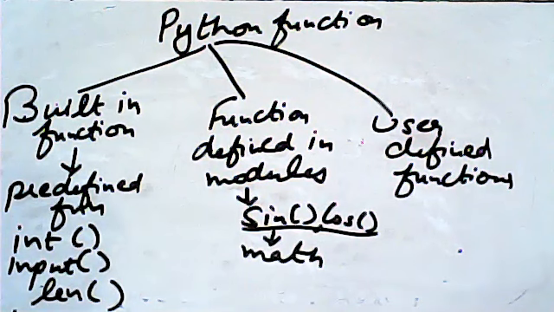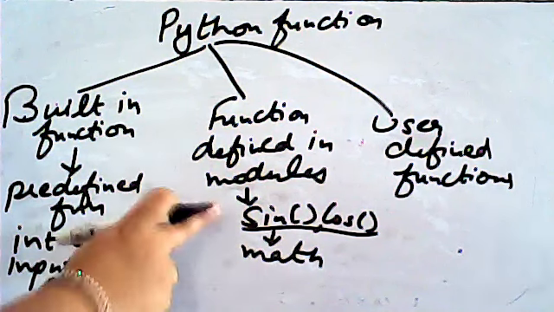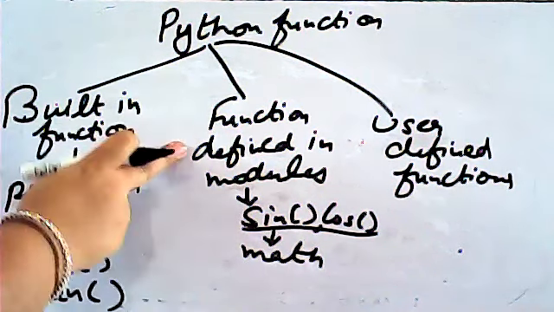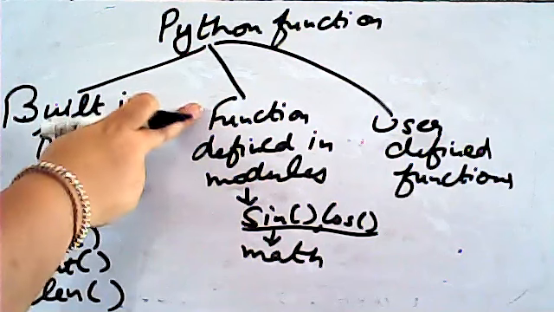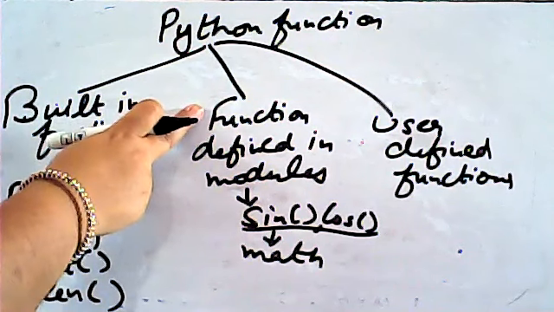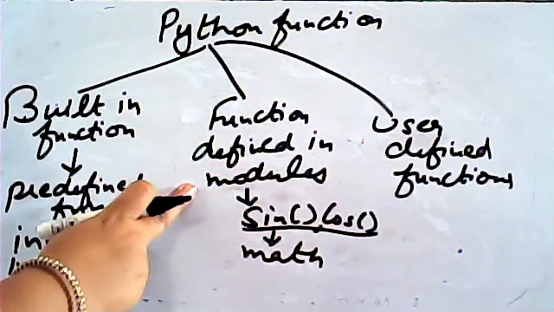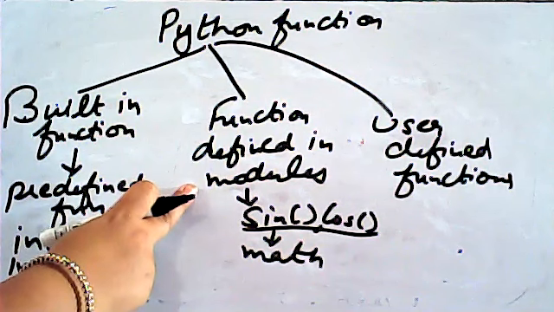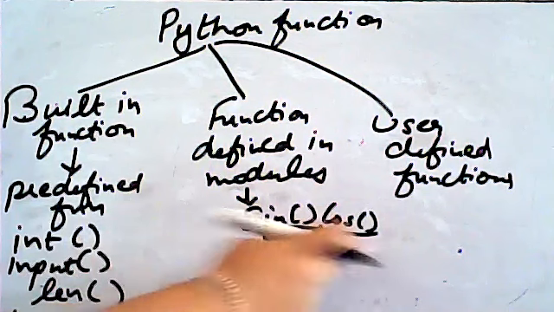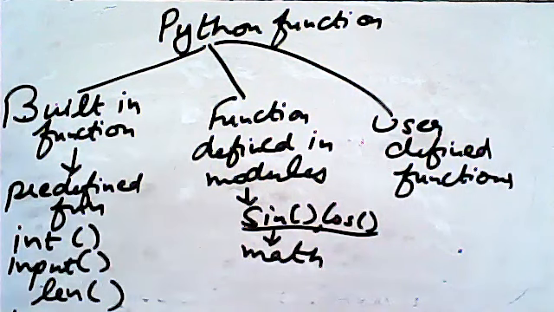So when I want to use these functions, very firstly, we have to import math in our program. After that only we will use this. That's why this is known as a function defined in modules. It means this is already a predefined function, but it is in some module. We have to import that module if I want to use these functions. For example, sine, cos.